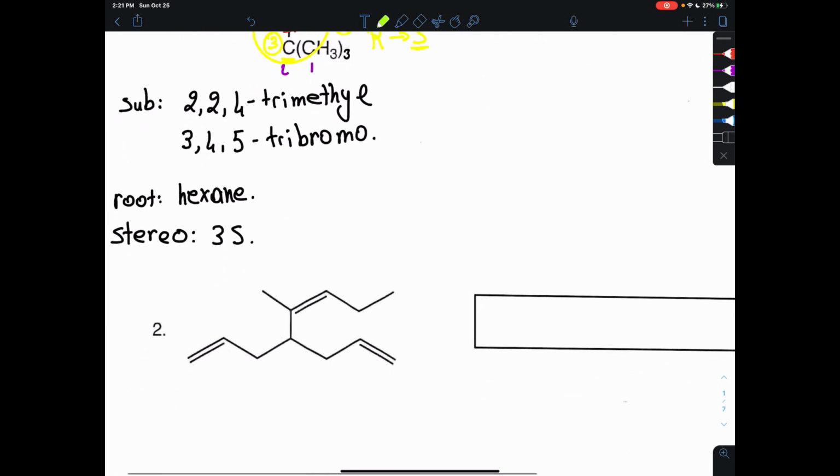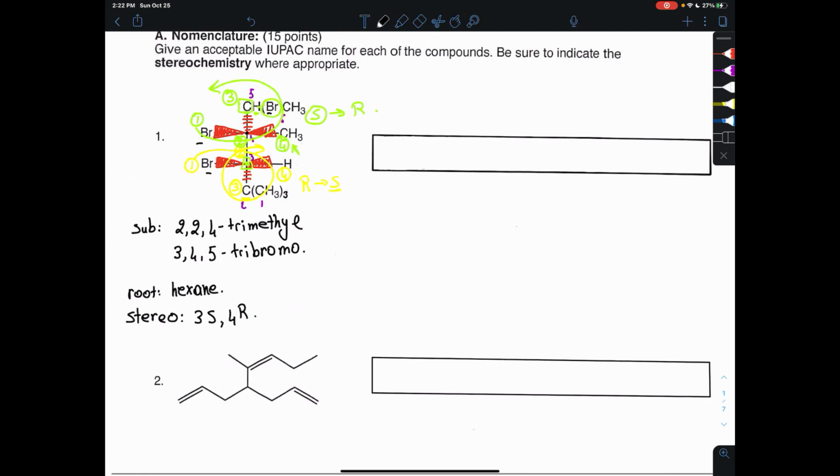So let's now put the whole name together. My other stereo is going to be 4R. So putting the whole thing together, you always want to start by putting the stereo at the beginning, right? So 3S, 4R. And now you gotta put the substituents in the family name. So you have tribromo or trimethyl, and remember the T doesn't play a role in alphabetical order, right?